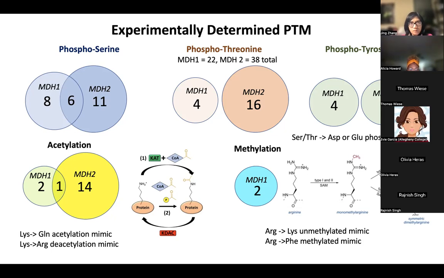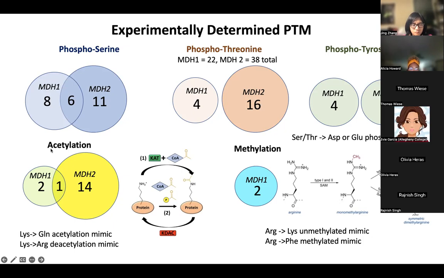Phosphoserine has 6 or so in common. There's no common sites for threonine or phosphotyrosine. One of my students is now trying to do some predictions at the consensus sequences and using some other databases to try to predict some of these kinases that might be working at this.